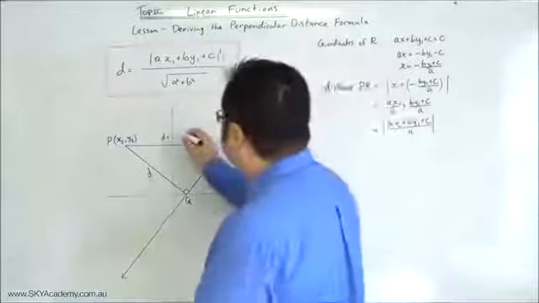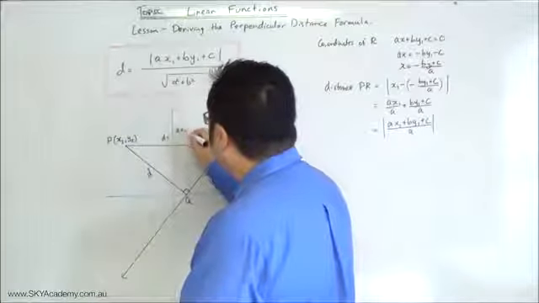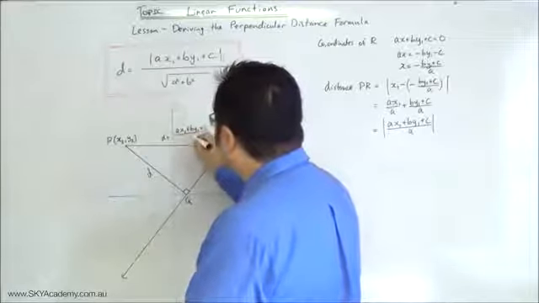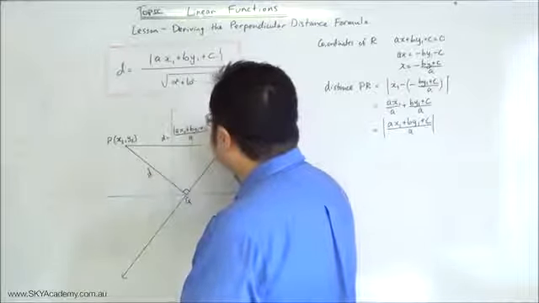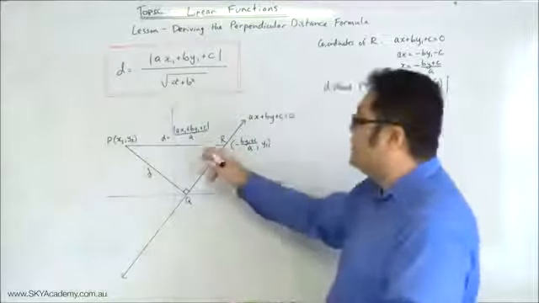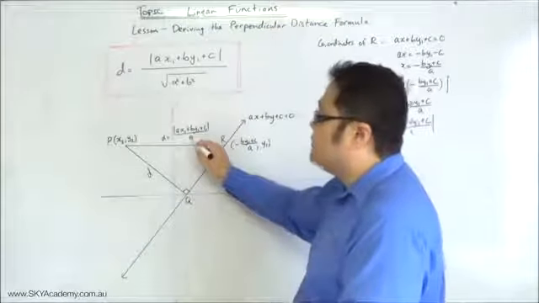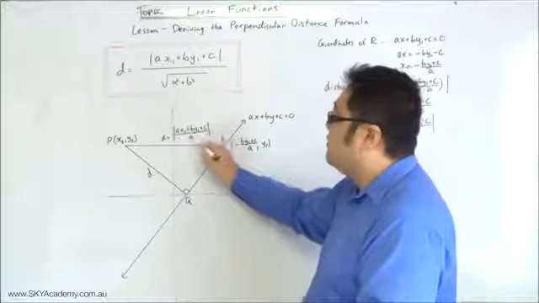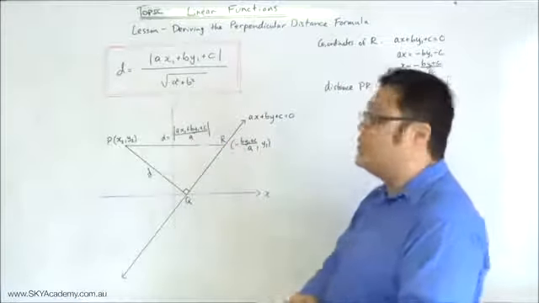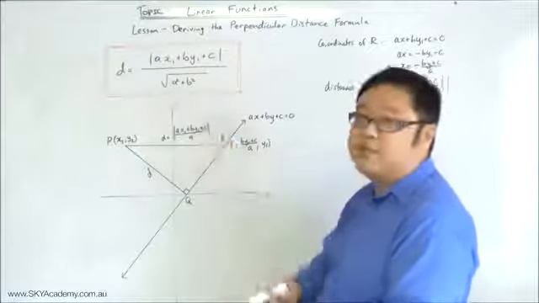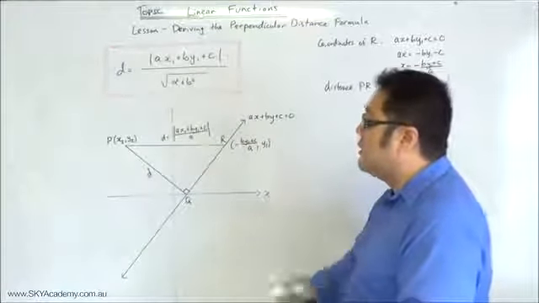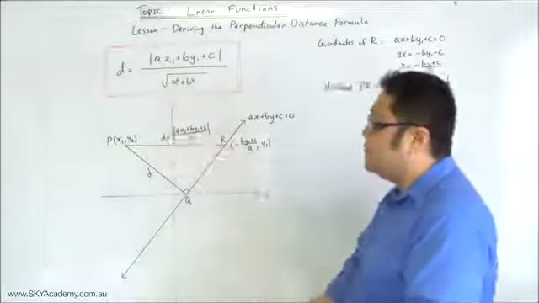So the distance there would be a x1 plus b y1 plus c all over a, in absolute value. Now assuming a is a positive number, because it is expressed in general form. So a needs to be positive if it's in general form. Okay, so that's that distance there.